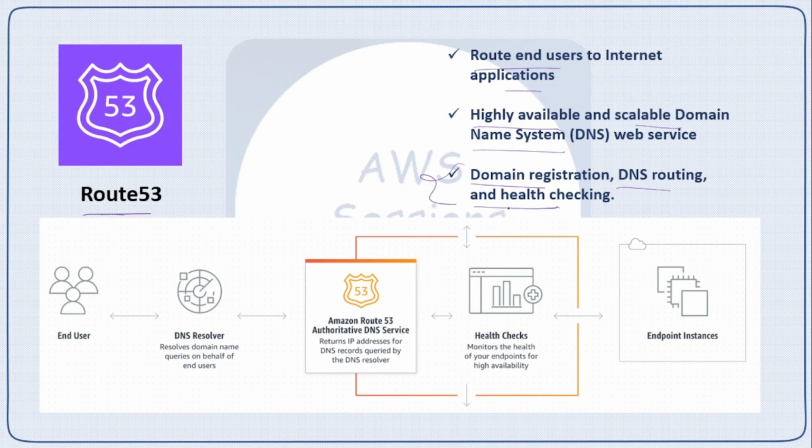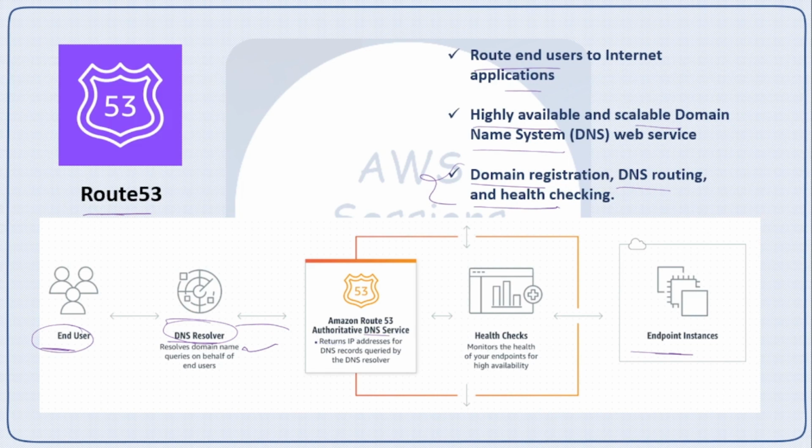How it works in a very simple way: suppose an end user is trying to access the endpoint instances that are in AWS, and they cannot access them directly for sure because we have not allowed that. So what it does, it goes to DNS, they access the domain name. It goes to the DNS resolver, it resolves the domain name and sends the request to the DNS service.